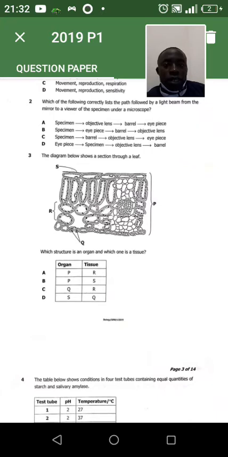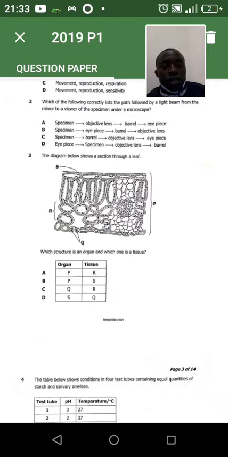The options: specimen, eyepiece, barrel, objective lens; specimen, barrel, objective, eyepiece; eyepiece, specimen, objective, barrel. What is the correct answer there? The correct answer is B, specimen, barrel, eyepiece. Okay, so the correct answer there is B.